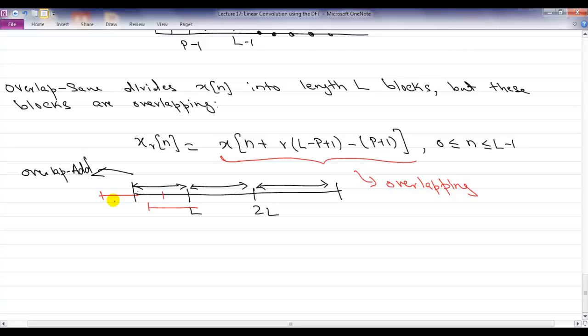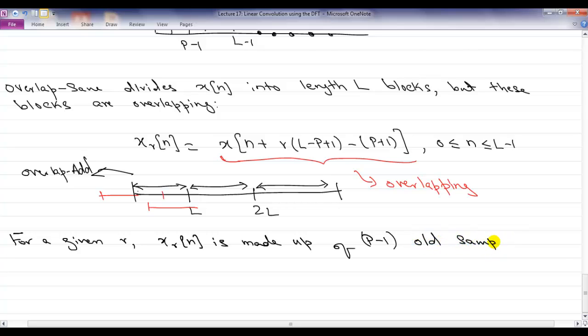So mathematically, every time for a given r, x_r[n] is made up of P minus 1 old samples of x[n] and L minus (P minus 1) new samples.